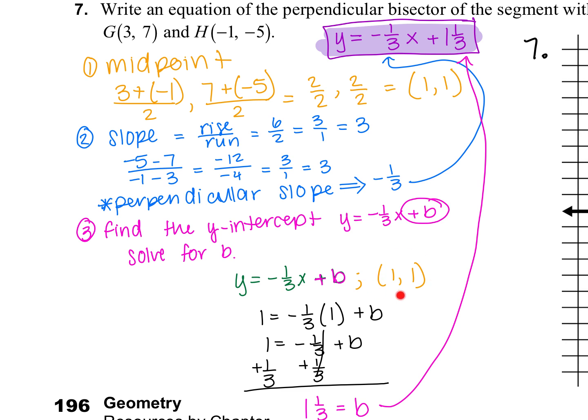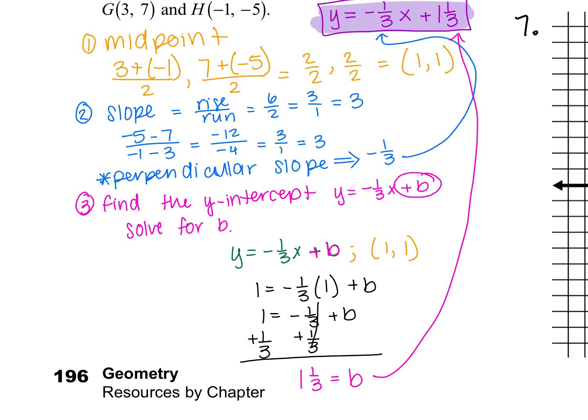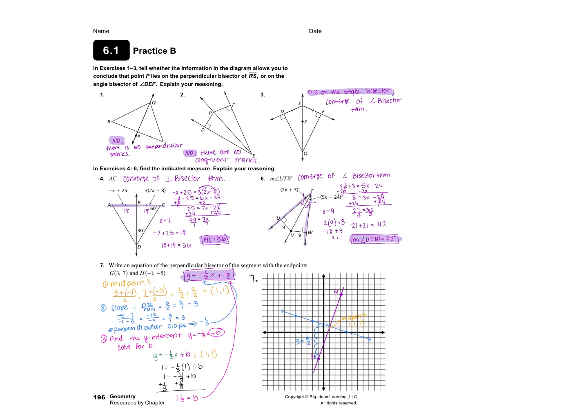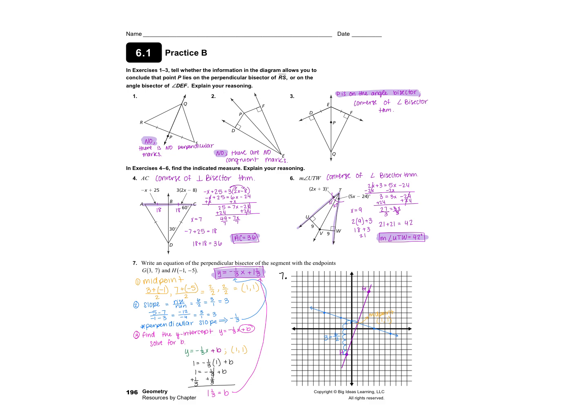And I'm using the coordinates of my midpoint. So I'm plugging in for x and y. And then I'm solving for my b. And once you get that answer, that's what's going to go at the end of your equation. Okay? Do we have any questions on this first page?